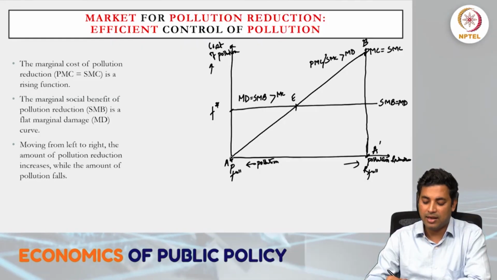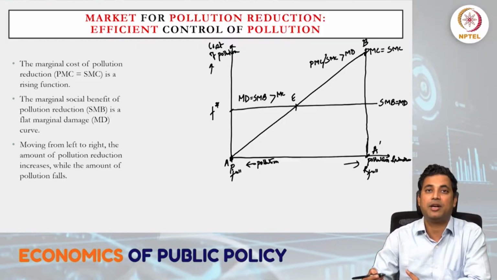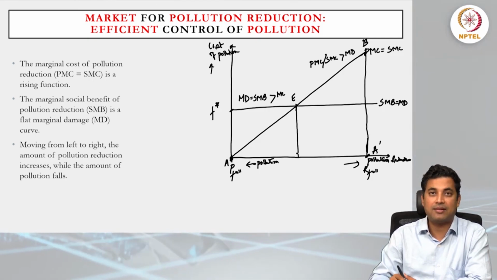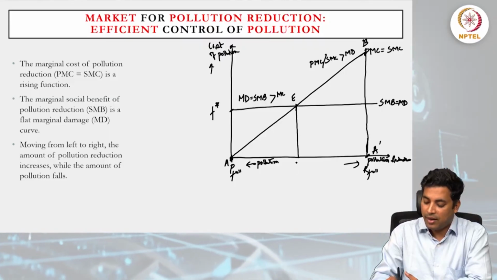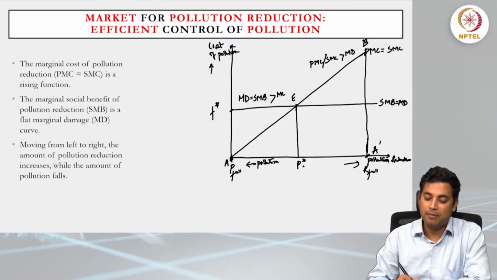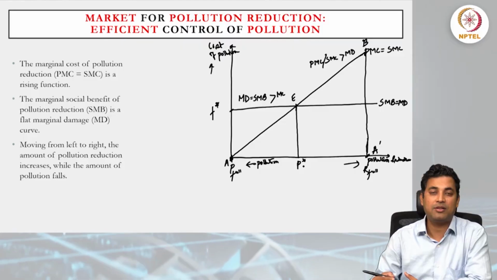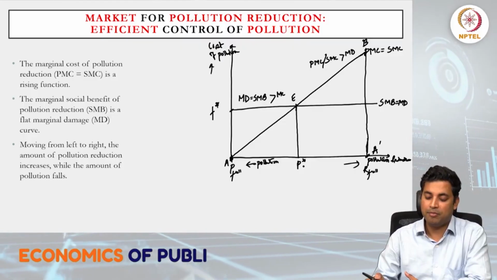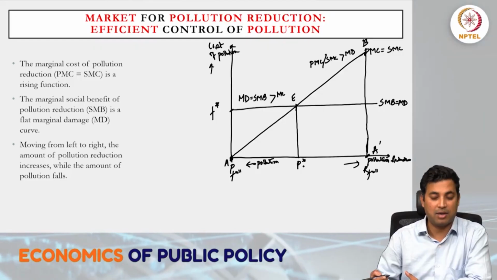At point E there is no cost involved because we are not taking any effort to reduce the pollution. But point E is the socially optimal point where pollution is optimum, because beyond that point, if I move to the right hand side, marginal cost becomes higher than the marginal damage, and below point E the marginal benefit of the damage is higher than marginal cost.